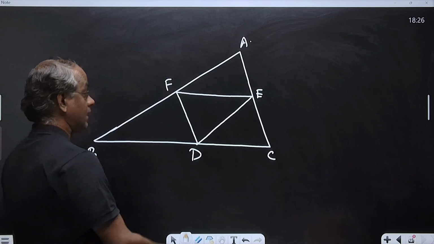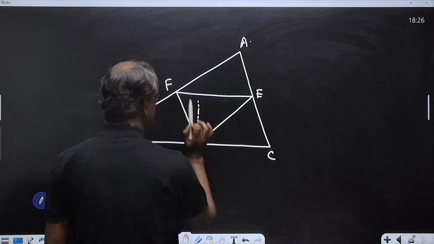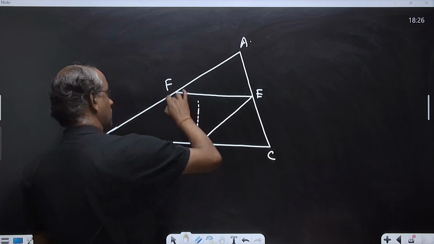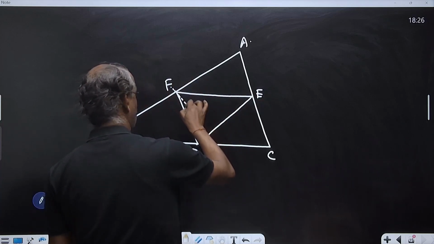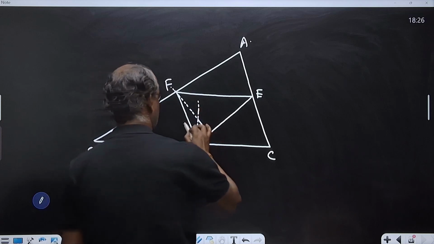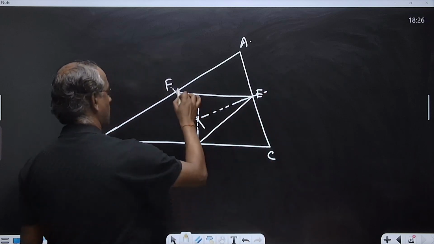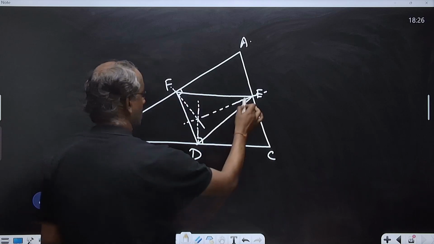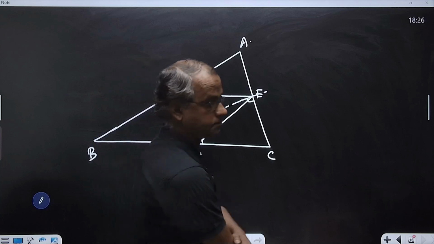Now, if I draw perpendicular bisectors of ABC, so this point O is what?